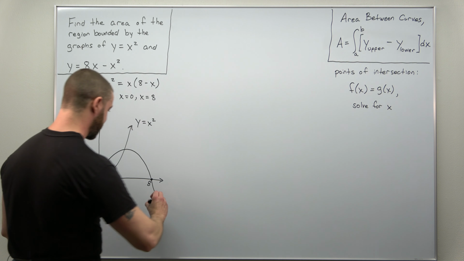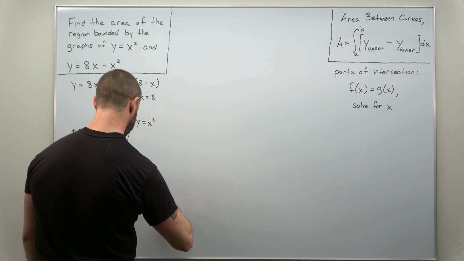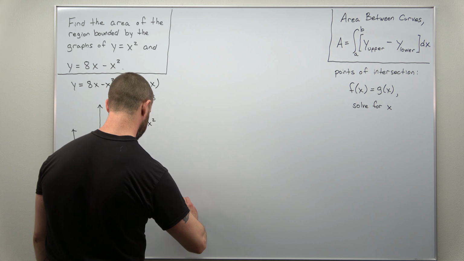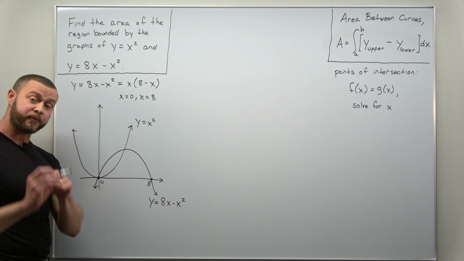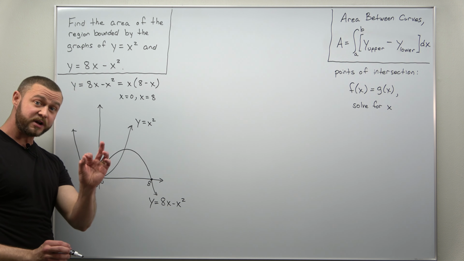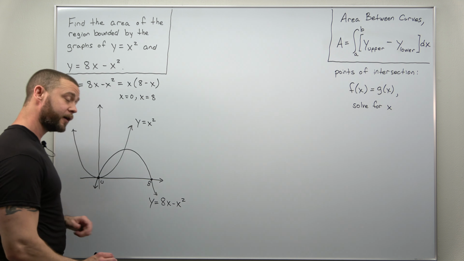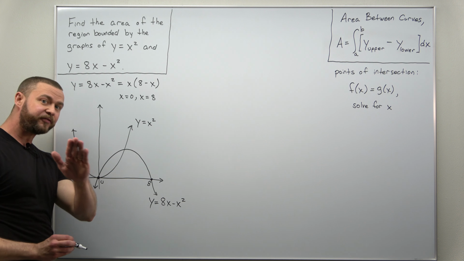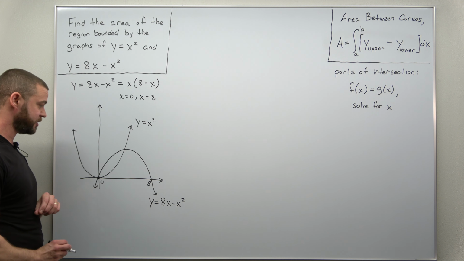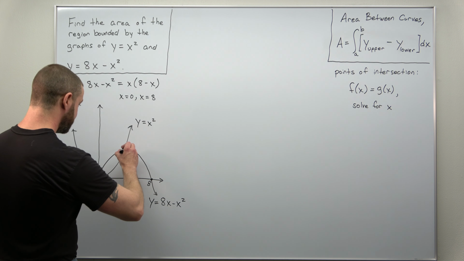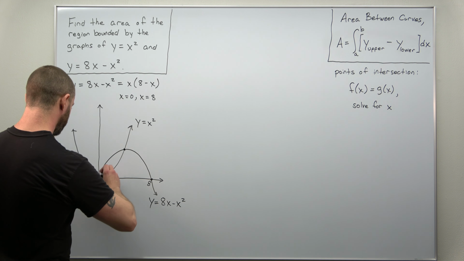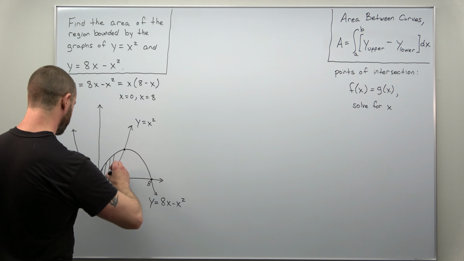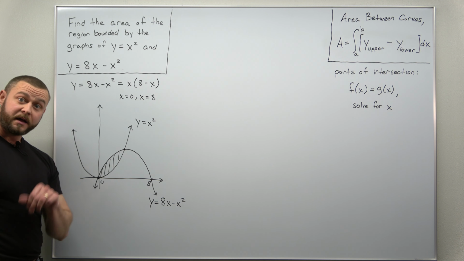All right, and that is the graph of 8x minus x squared. Now, for a question like this, a region bounded by only two curves, those two curves have to enclose a single region. And if you notice here, basically between these points of intersection, we have a region enclosed by both of those curves. And we can set this up.